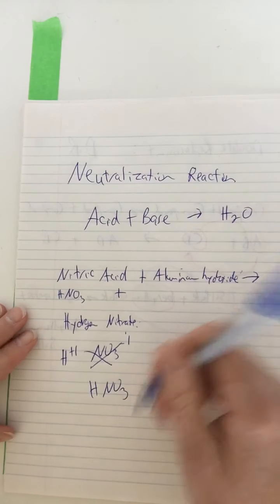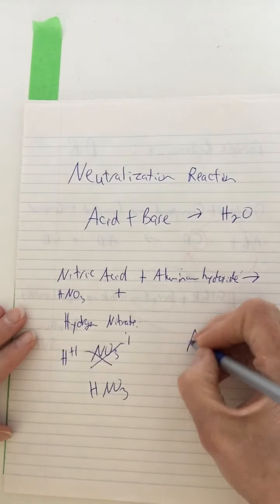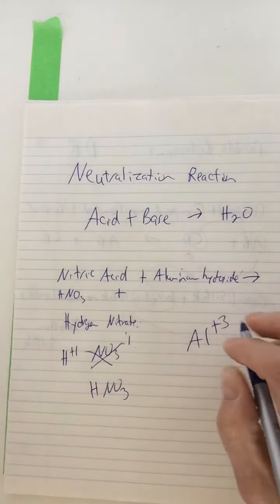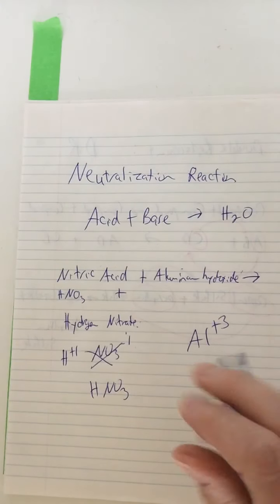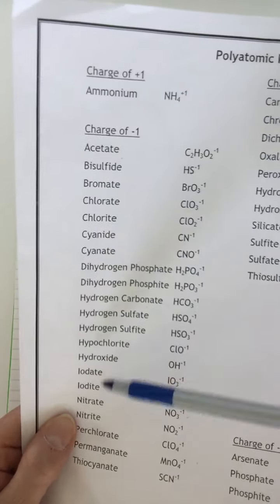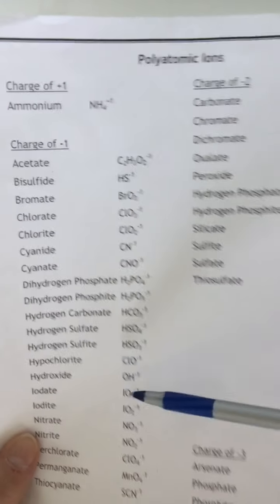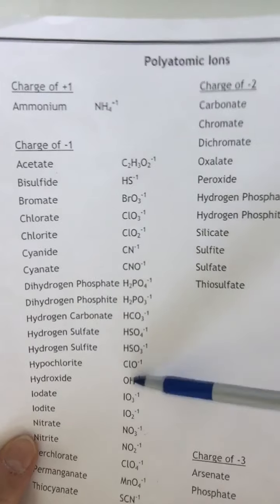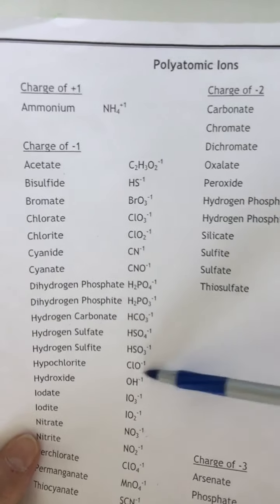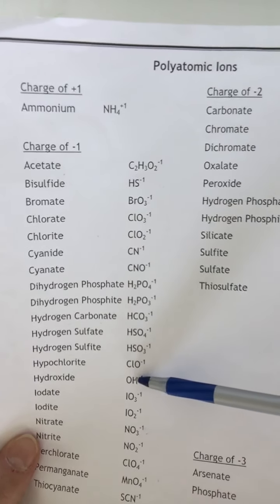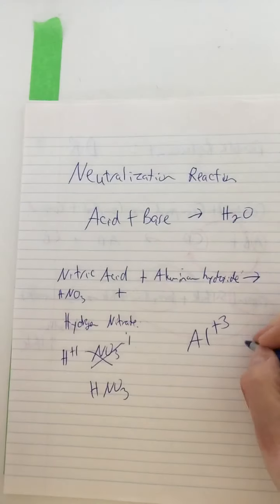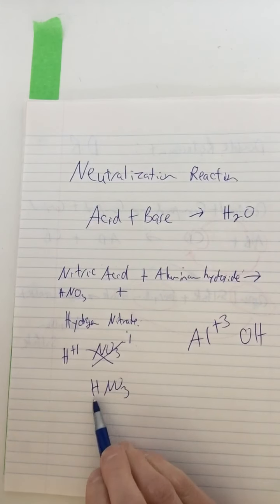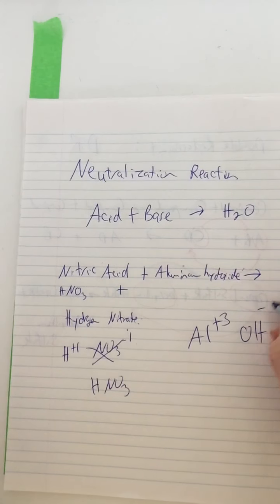Well, let's look at that down here in the scrap. Aluminum is a +3. Look him up on the periodic table. I just end up knowing most of these because I do it a lot. And then look, hydroxide. That's what hydroxide looks like right here, OH negative. All bases, not all bases, but all bases at this level are made of hydroxide. OH is the base. Just like hydrogens make up acids, hydroxides make up bases.